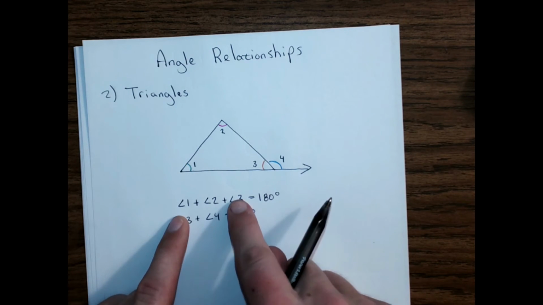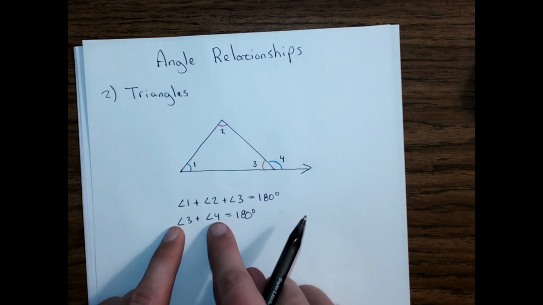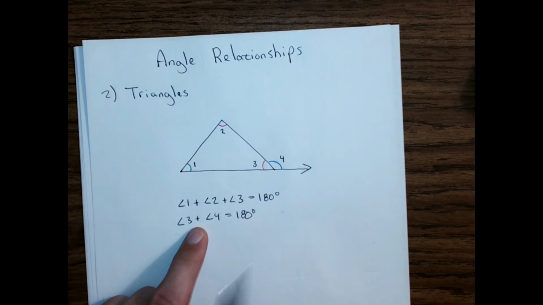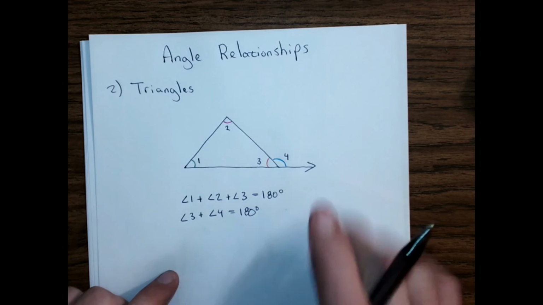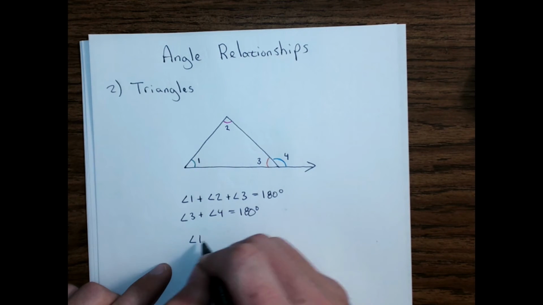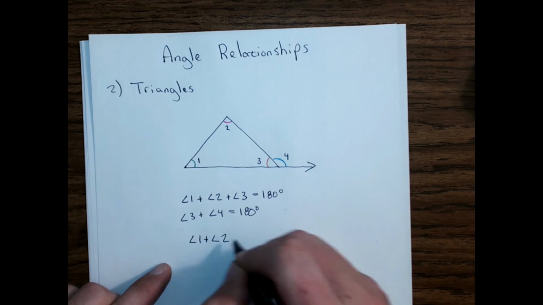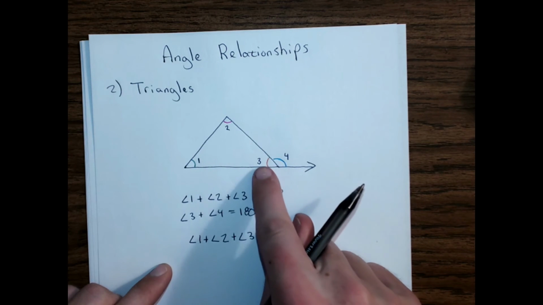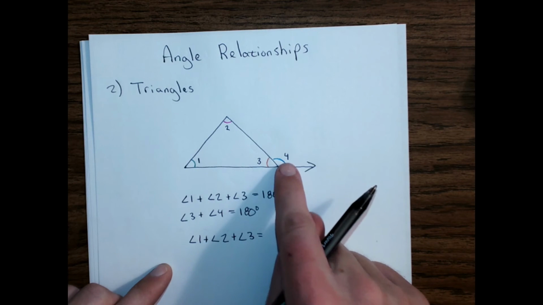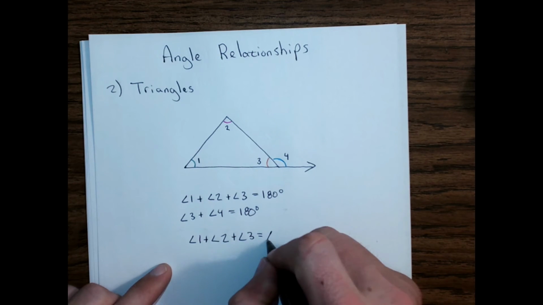So if these three equal 180 and these two, when added together, equal 180, then these three should equal these two. The three interior angles, when added together, are the same as this interior angle and that exterior angle added together.